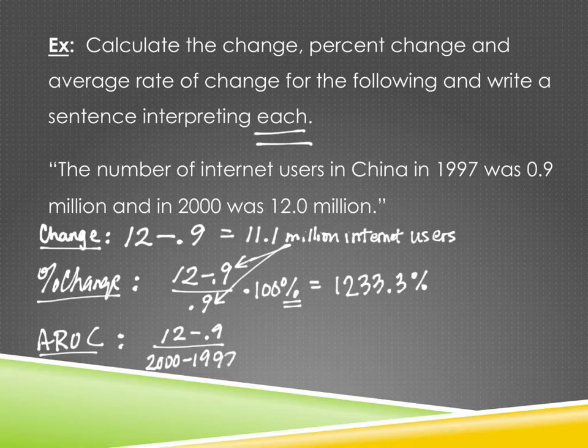It's divided by the 3 years. The data is collected over a 3-year time frame. Beginning of the data at the beginning of the 3 years, the end of the 3 years. It's divided by 3 years. So we really have here 11.1 divided by 3. 3.7. What would my units be for this one?